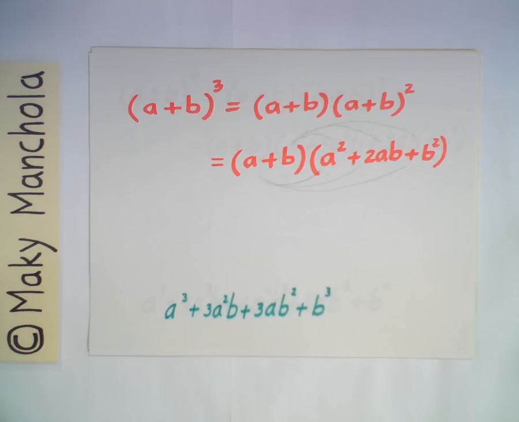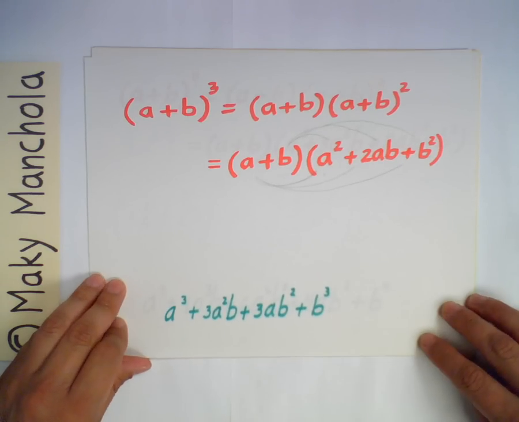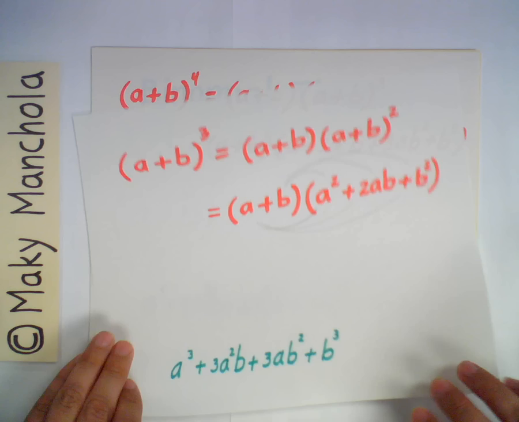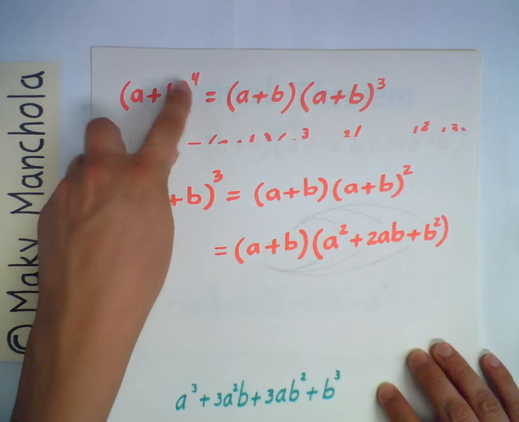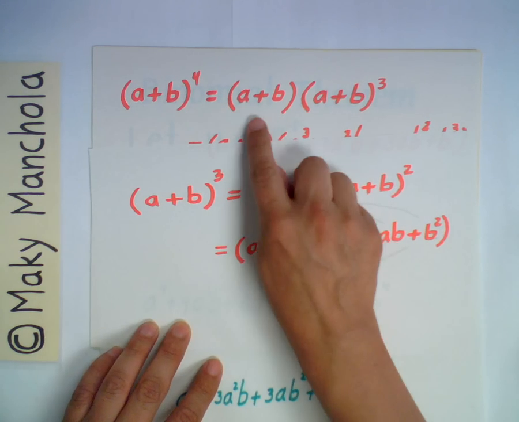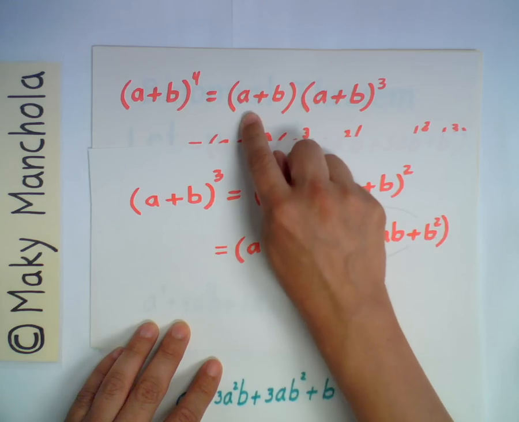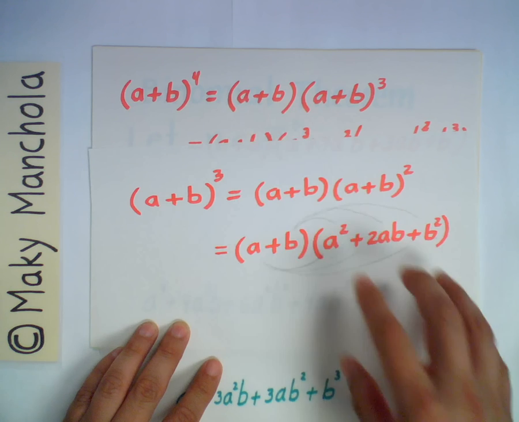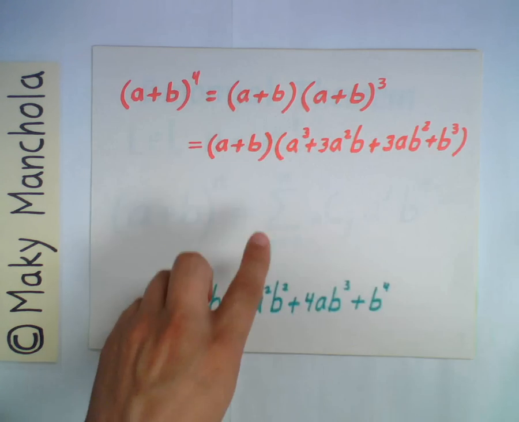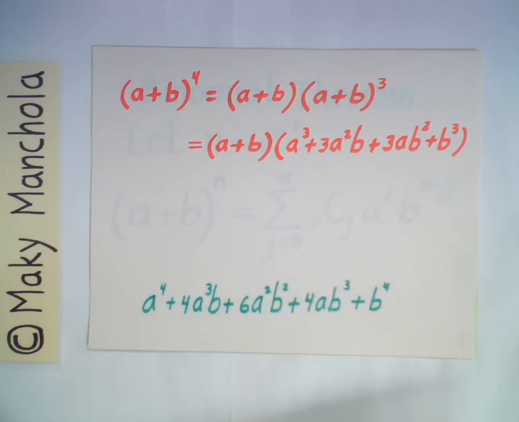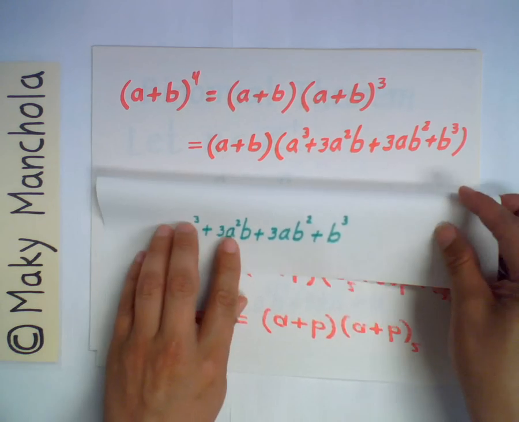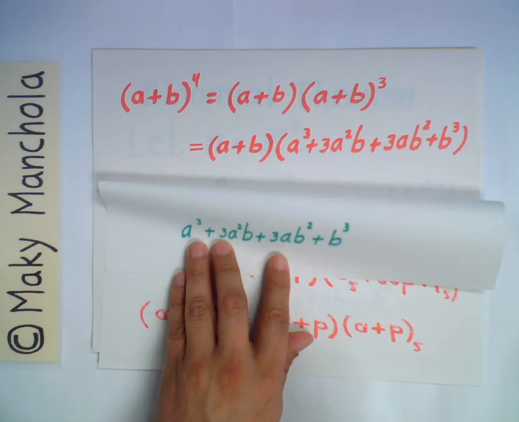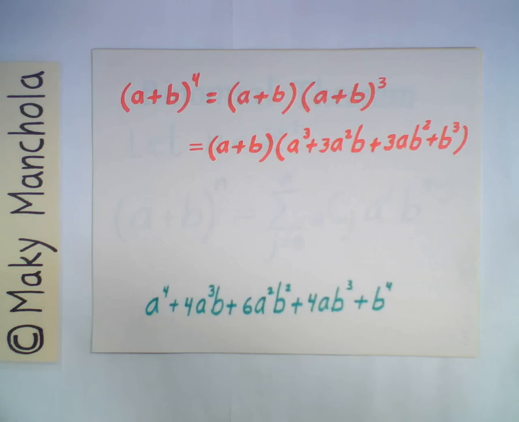We could also approach the problem of raising (a + b) to the fourth power in a similar fashion. We can split it up, (a + b) to the fourth as (a + b) times (a + b) cubed, and then you recall that (a + b) cubed is a to the third plus 3a squared b plus 3ab squared plus b cubed, and then you proceed to distribute.